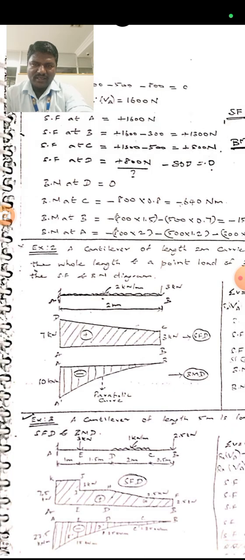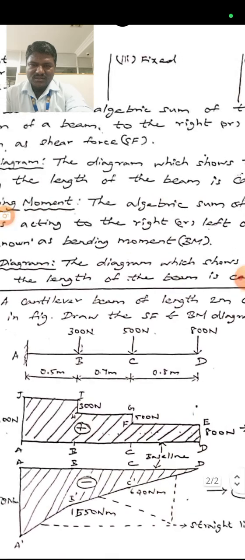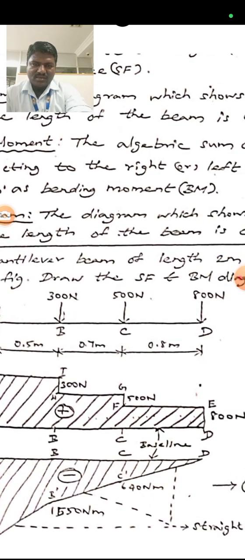Going to the next point, C: on the right side of C, only the 800 Newton load is available at the free end.